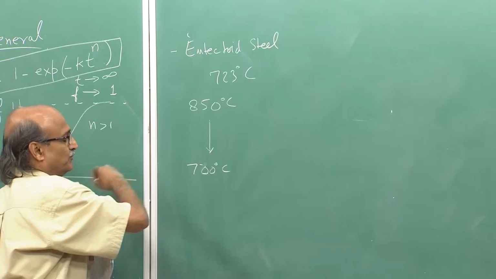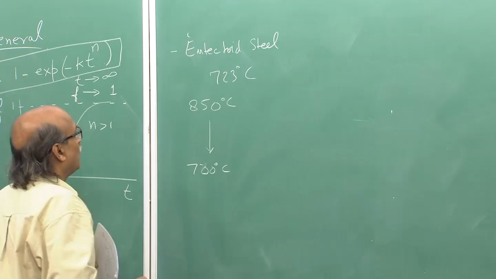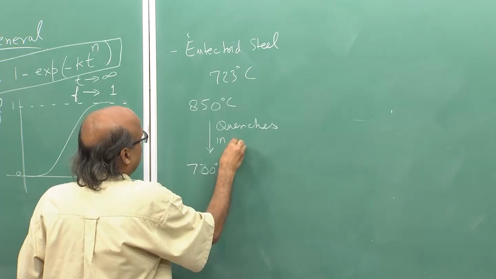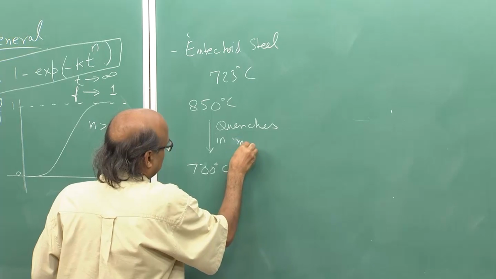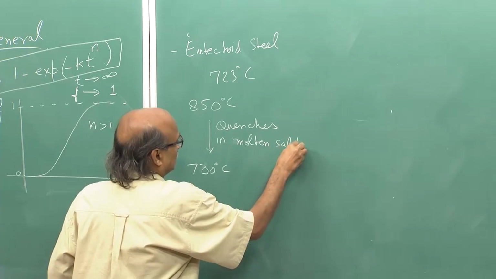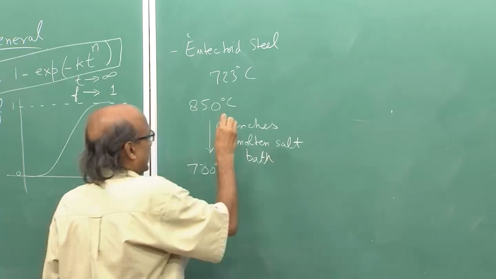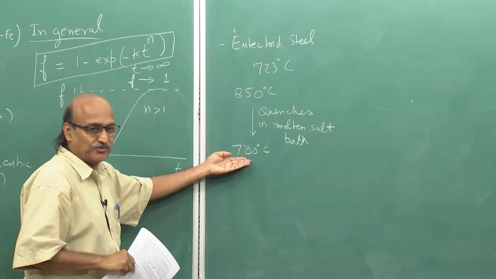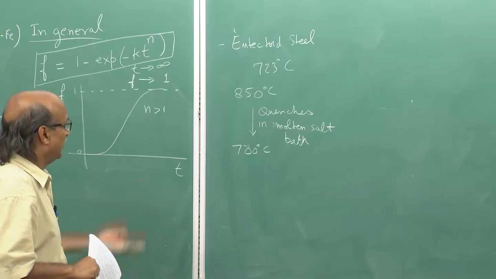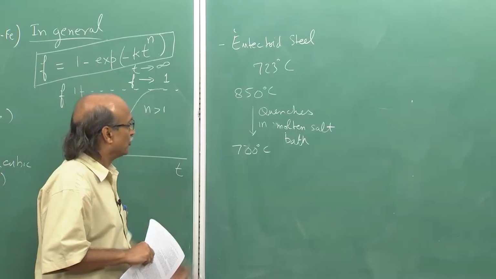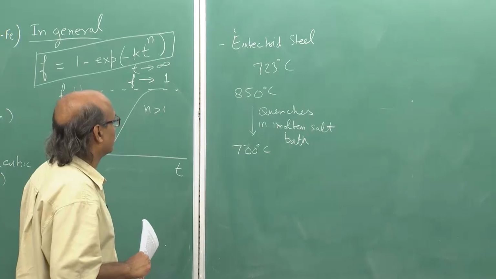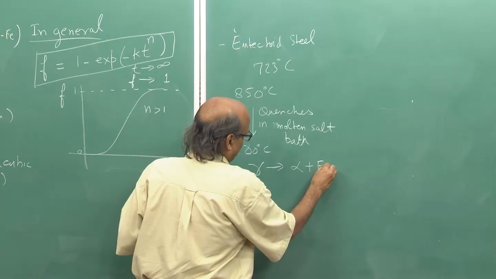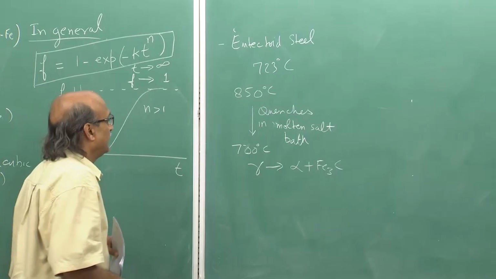In order to do this rapid cooling, one quenches the sample in a molten salt bath kept at the temperature of transformation, whether 700 degrees centigrade or 650 degrees centigrade or 680 degrees centigrade, at whatever temperature one wants to investigate this particular transformation of austenite going to pearlite, alpha plus Fe3C.